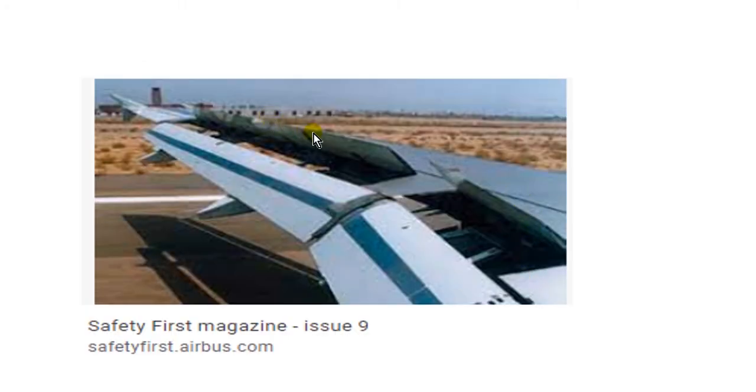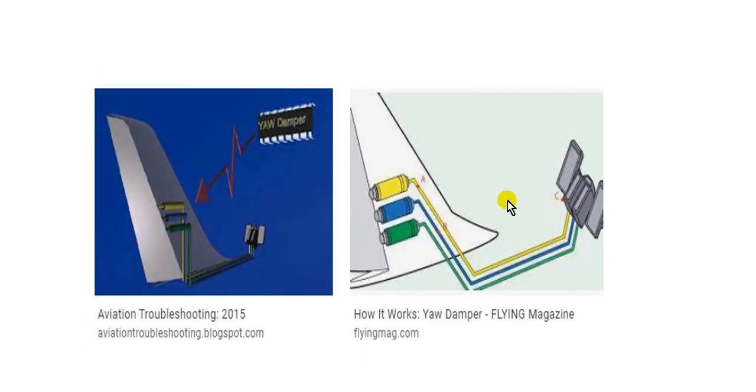This is the spoilers here extended, and here the flaps extended also. Here is the pitch, the yaw damper here at the rudder. This is the yaw damper.